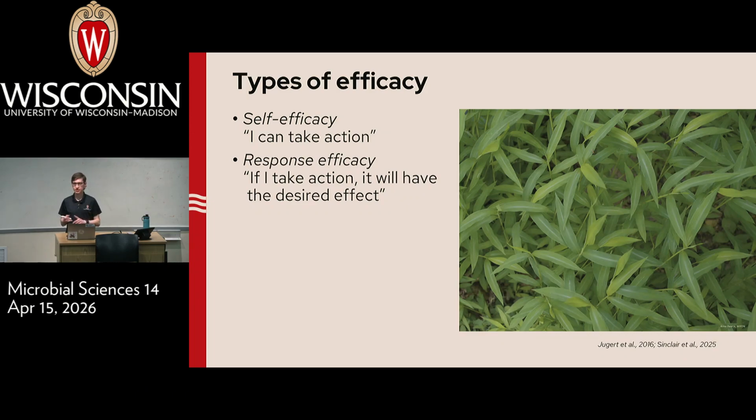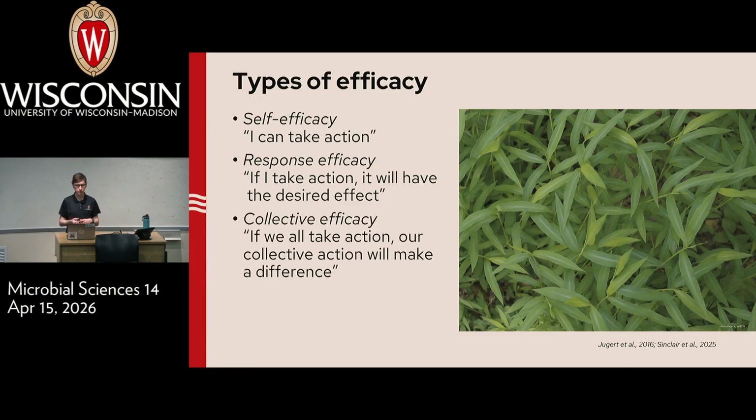So if I report stiltgrass, natural resource professionals will know about it and will be able to put together a plan for managing it. And collective efficacy: if we all take action, our collective action will make a difference. So if we all work together and look for it and report it, it's going to help us collectively have a better understanding of the status of this plant and be able to manage it more effectively.